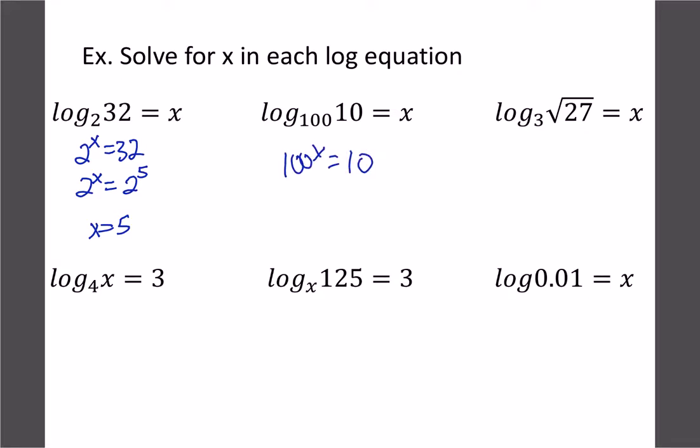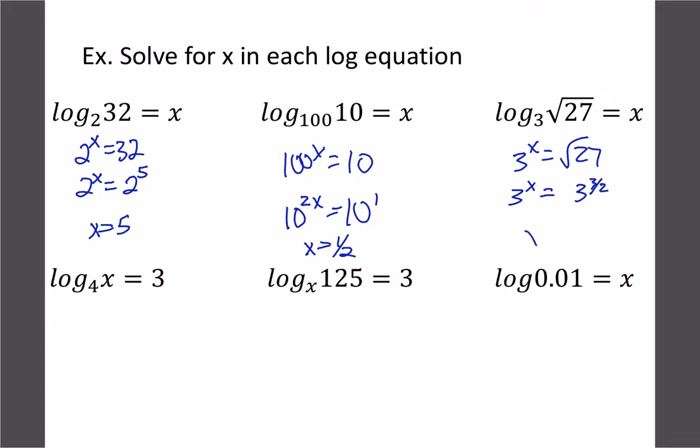So we change the 100 to be 10 squared, and 10 is 10 to the 1, so we'd have 2x equals 1, so x would be 1/2. The next one, we'd have 3 to the x equals root 27. Change those to the same base. 27 would be 3 cubed, so the root would be a power of 1/2, so x would equal 3/2.